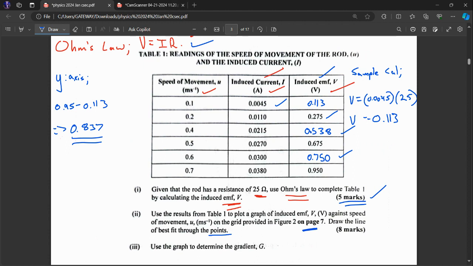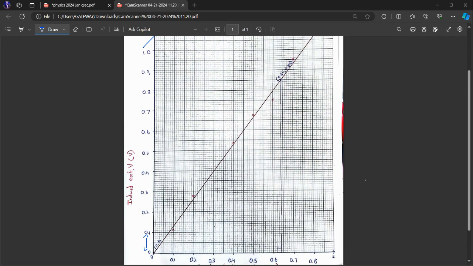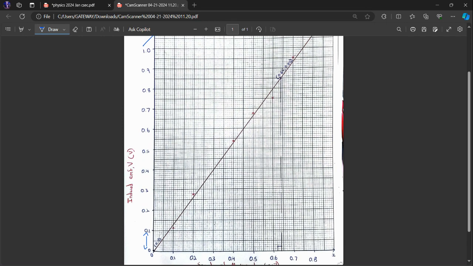So 0.7 minus 0.1, you get 0.6. But I have a lot of big squares on my x-axis, so I can just let every 2 centimeters be 0.1, and that will be enough. Yeah. So that was just getting the scale.